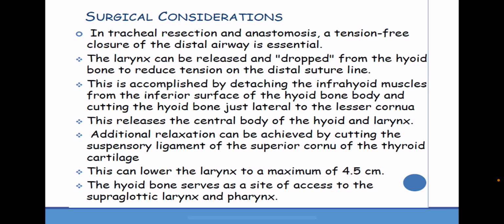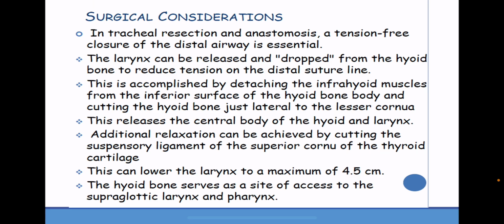This releases the central body of the hyoid and larynx. Additional relaxation can be achieved by cutting the suspensory ligament of the superior horn of the thyroid cartilage. This can lower the larynx to a maximum of 4.5 cm.